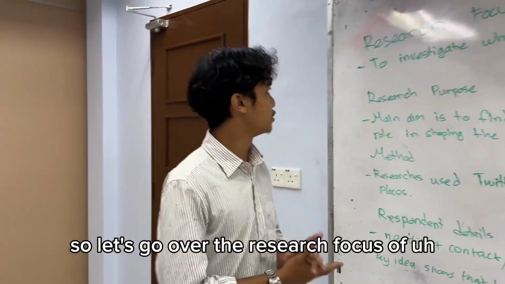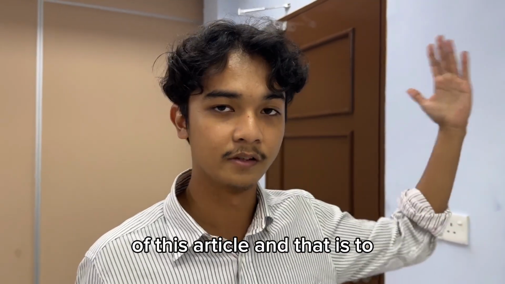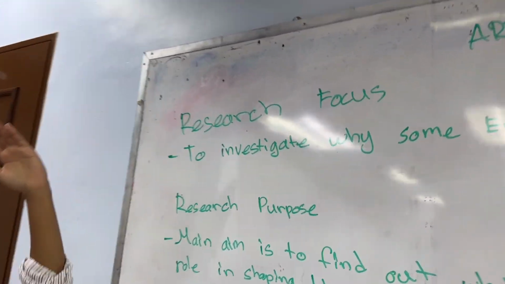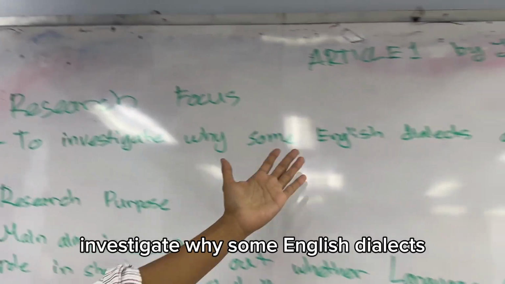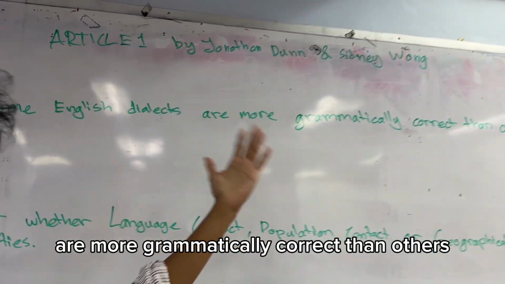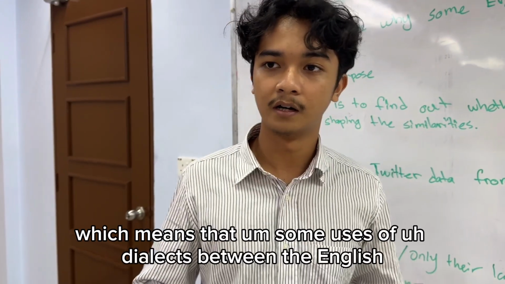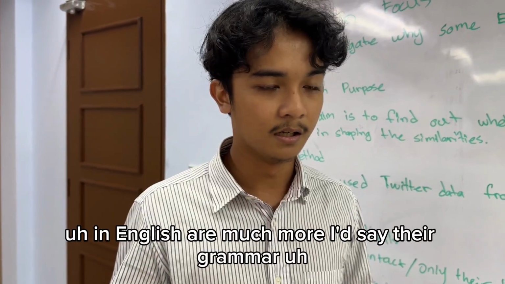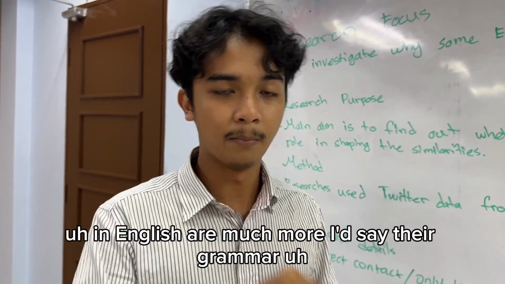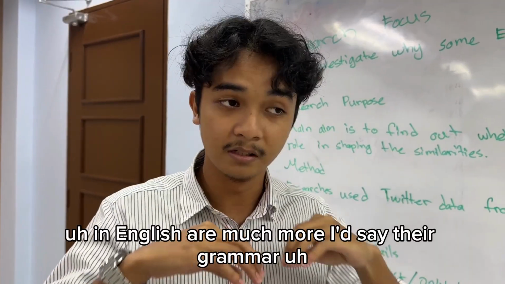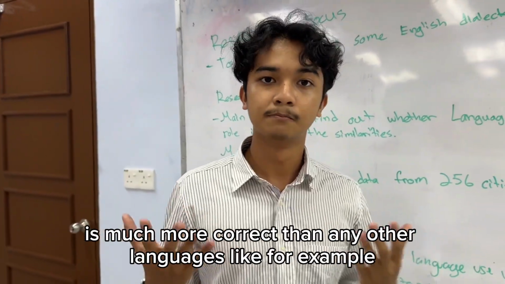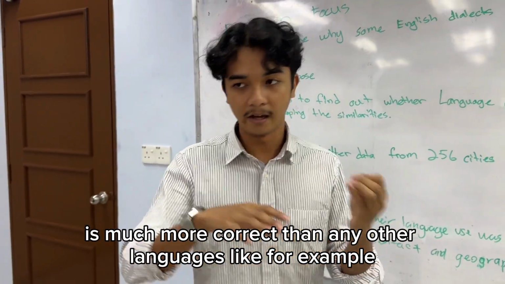So, let's go over the research focus of this article, and that is to investigate why some English dialects are more grammatically correct than others, which means that the grammar of some dialects of English is much more correct than others.